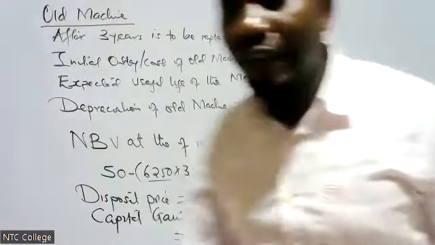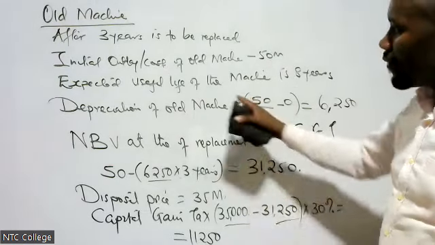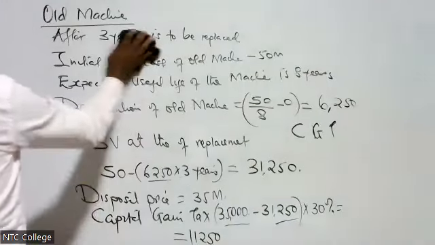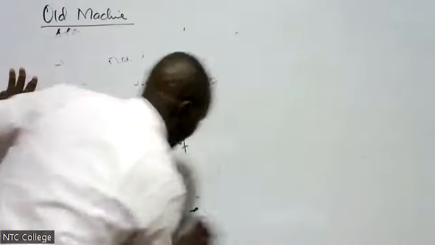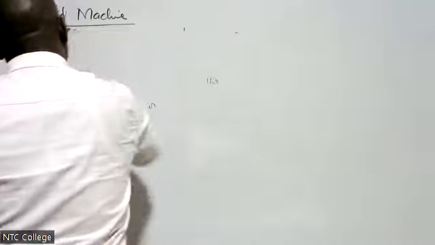So I am hoping that you have written this. We can now start working on the new machine. You have this information, right? Let's now start working on the new machine.